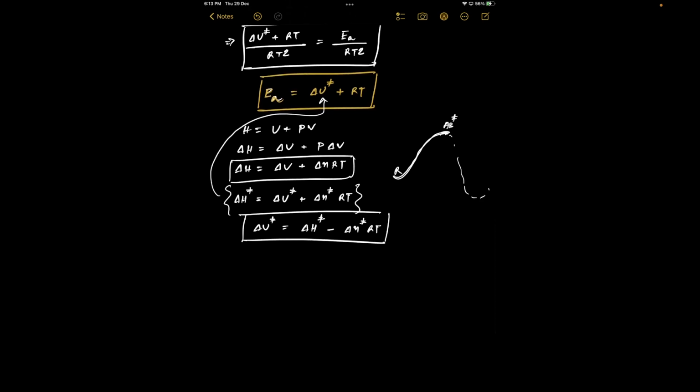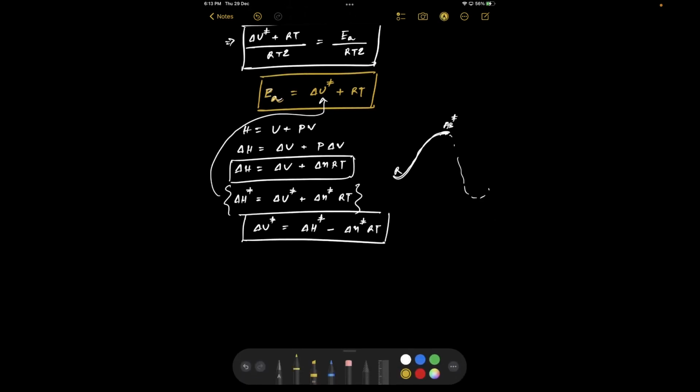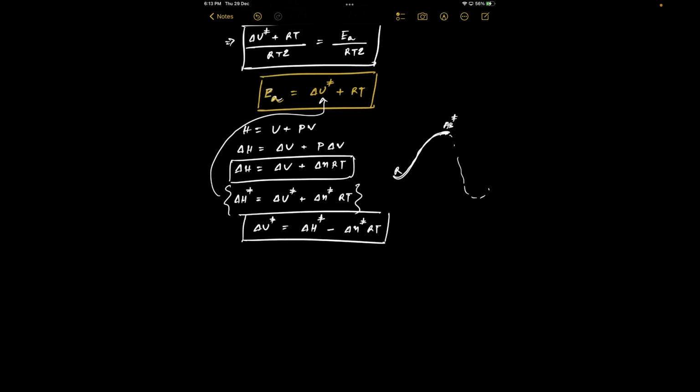So our activation energy EA will be, let's just replace this delta U double dagger with this expression. So EA will be delta H double dagger minus delta N double dagger RT plus RT.